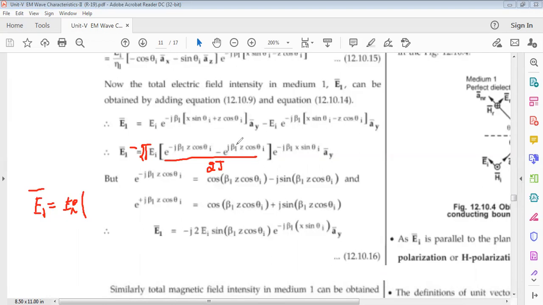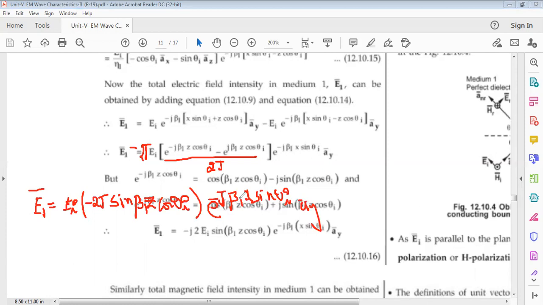Okay, minus means e power jx minus e power minus jx by 2j, we can call it as minus 2j into sine x. What is the x here? Beta 1 z cos theta. And already we have the exponential value as a common term, e power minus j beta 1 x sine theta I into ay bar.